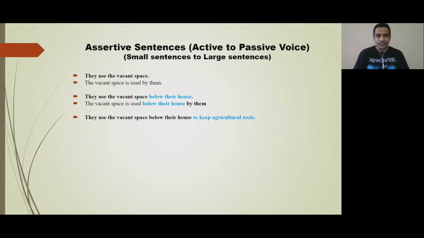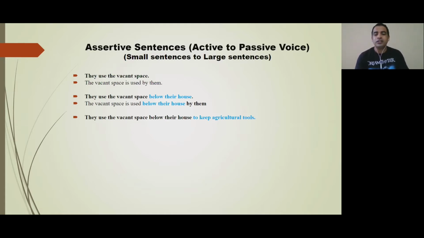Let's go to the next sentence. Now it's not only "below their house," it's also "to keep agricultural tools." Again an extension comes from another extension: "They use the vacant space below their house to keep agricultural tools." Would you feel that a double extension, another phrase, makes it difficult?